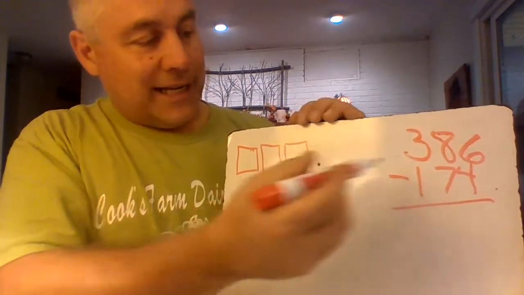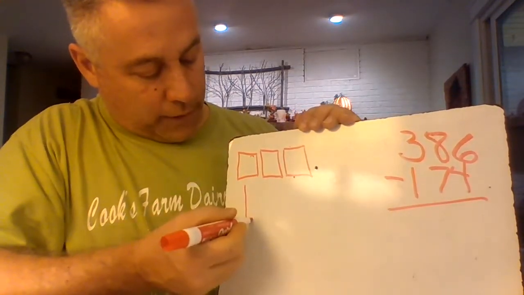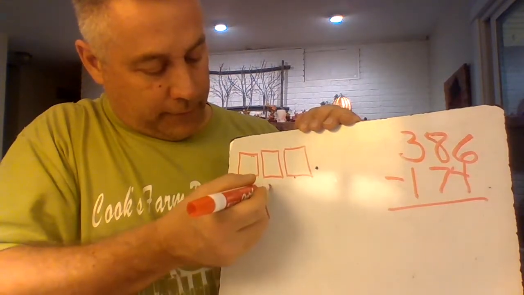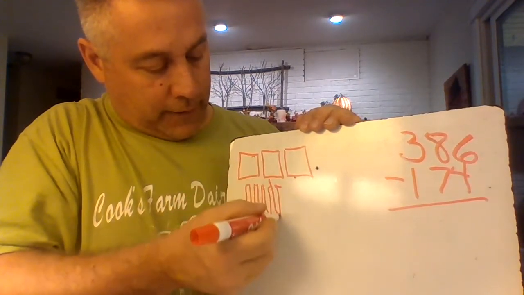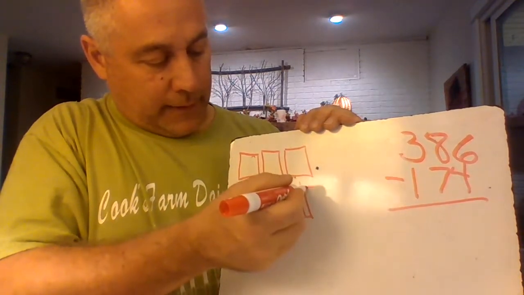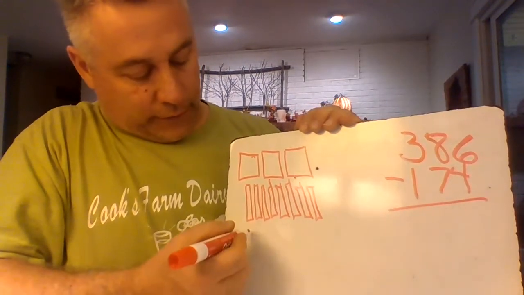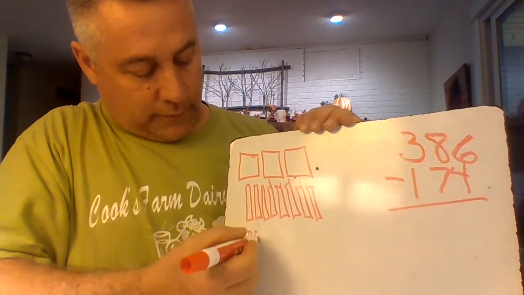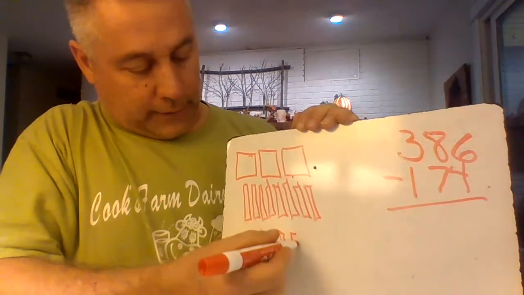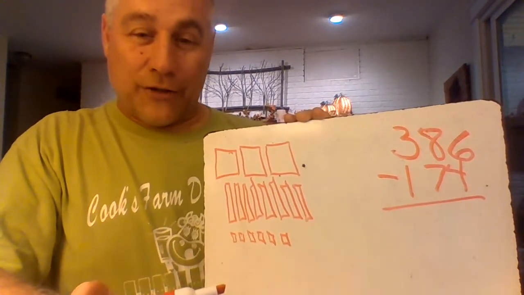Then I would need 8 tens, and the tens look like this. 1, 2, 3, 4, 5, 6, 7, 8, and then I would need 6 singles. So 1, 2, 3, 4, 5, 6.